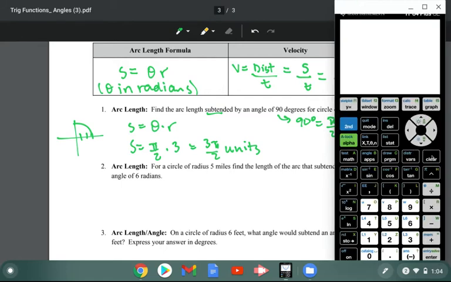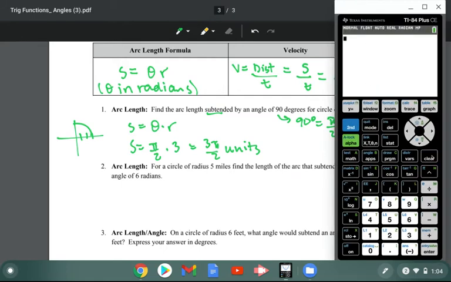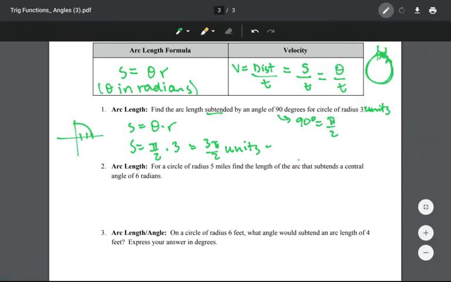So I'm going to go 3 times pi, divided by 2. And this will give me a decimal form, so about 4.7 units, whatever our units happen to be, inches or whatever. So about 4.7 units.